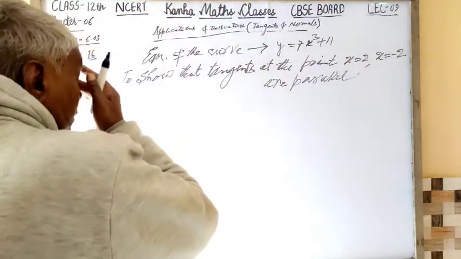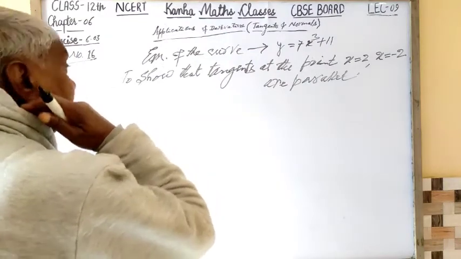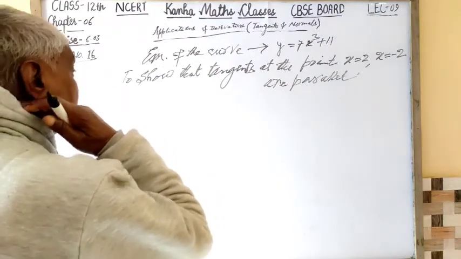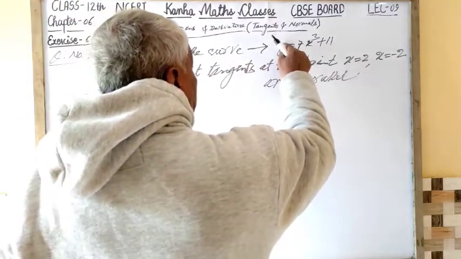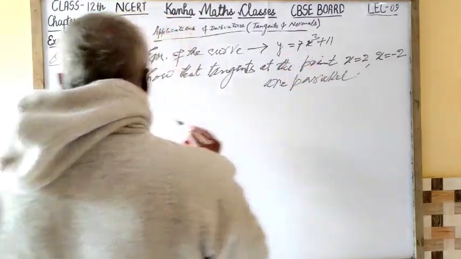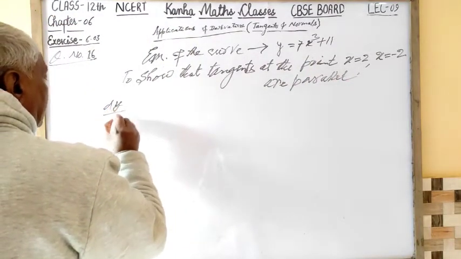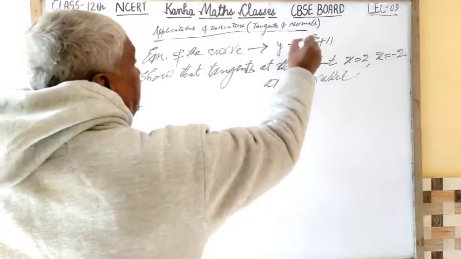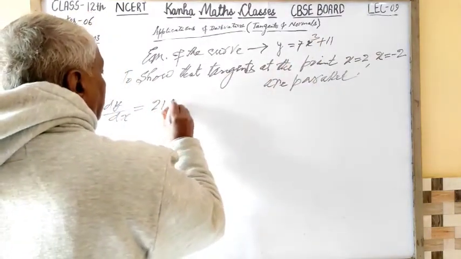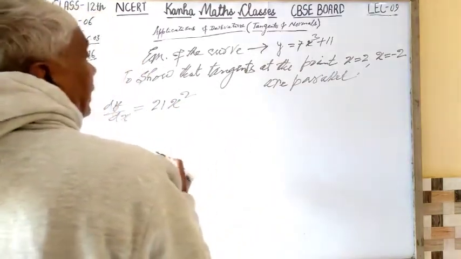First of all, we will find out the slope of the tangent, that is dy by dx, by differentiating the equation of the curve with respect to x. So dy by dx is equal to 21 x square.